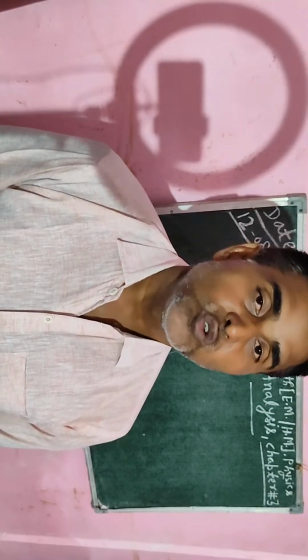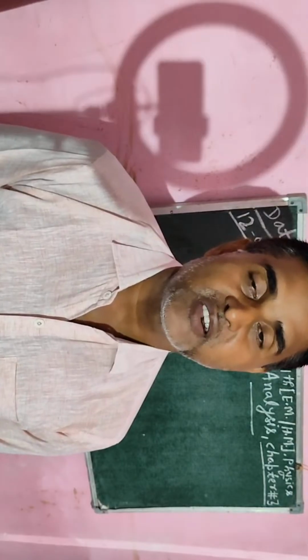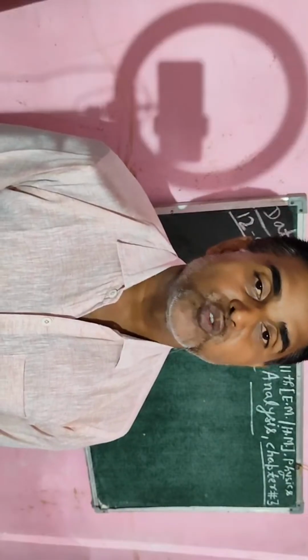Okay, concentrate on this live video. Now I will start, and you also write the information which you understand on this topic. First of all I am going to explain each and every topic of vector analysis.